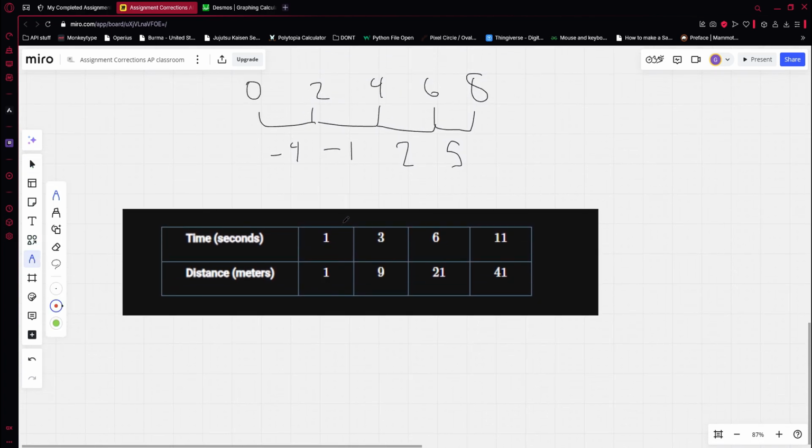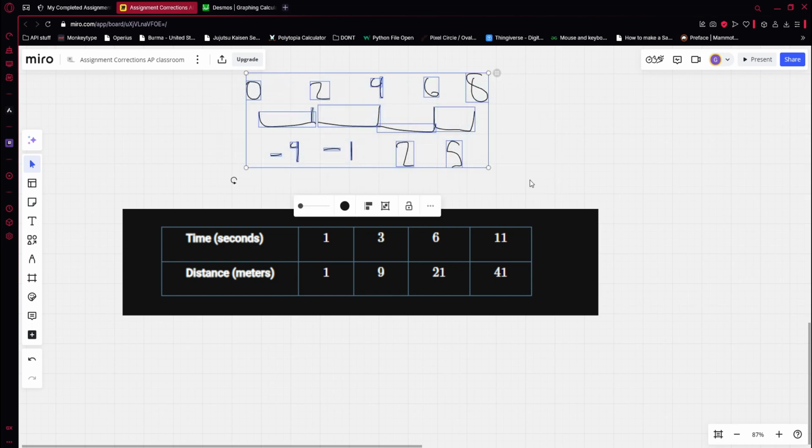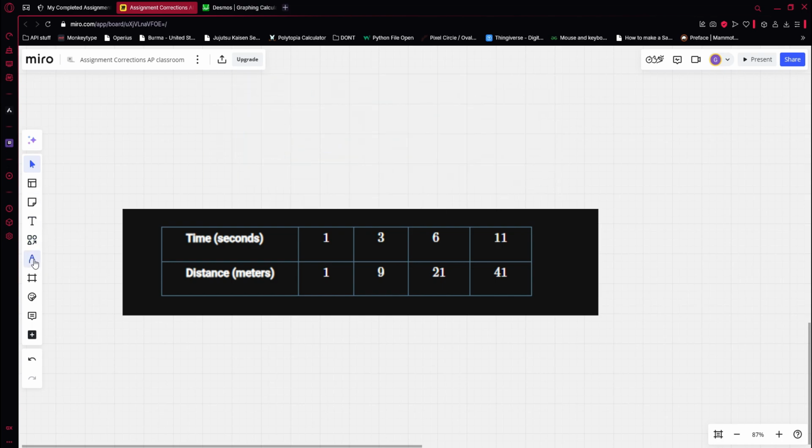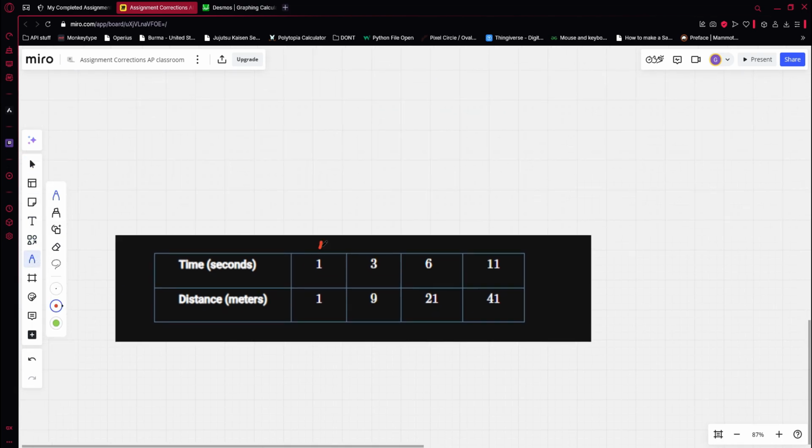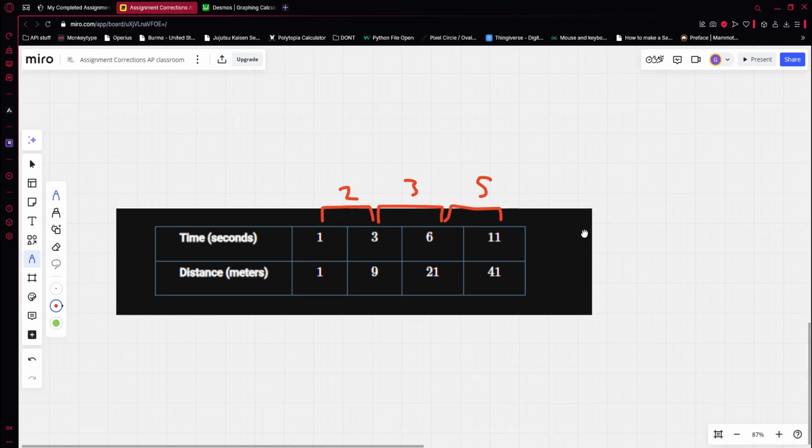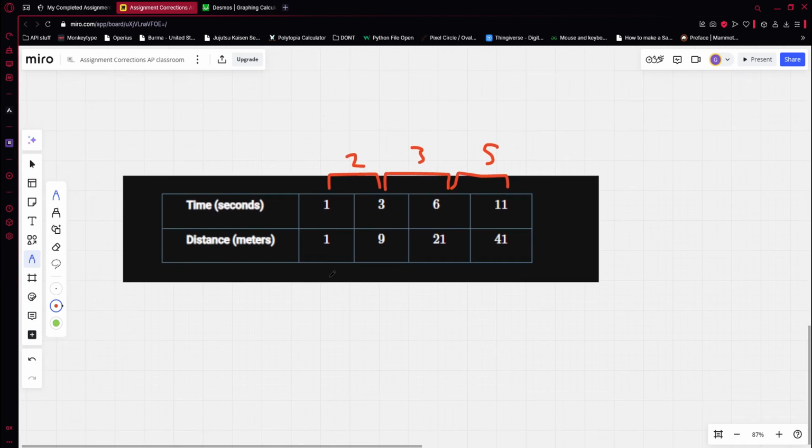Let me get rid of this. Rate of change here. Well, we need to find the intervals to make sure they're equal. So this is interval of 2, interval of 3, interval of 5. That's important so you don't get the rate of change wrong. This is an interval of 8.